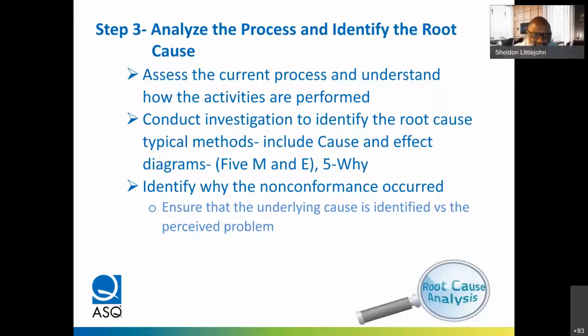Then we drill down to identify why the nonconformance occurred. Ensure that underlying cause is identified versus a perceived cause. So from a manufacturing standpoint, you have an escape from your manufacturing process.